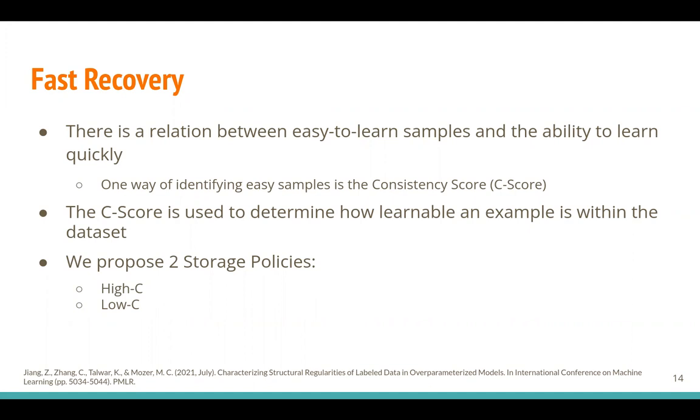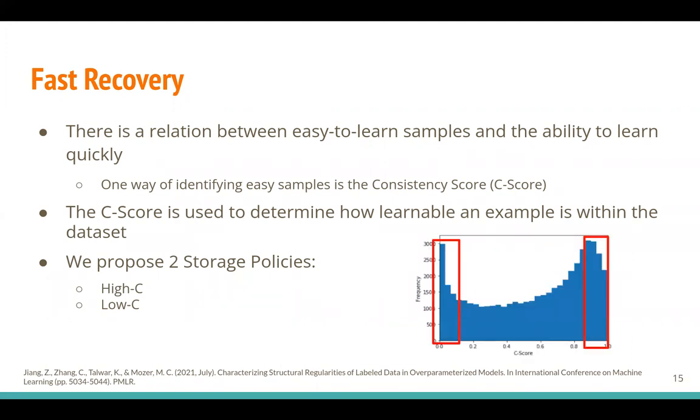So with this idea in mind, we propose two storage policies. The first one is high consistency. This is the distribution of the C-score in a dataset. By selecting the high consistency elements, the easy-to-learn elements, with a memory size of 100, we focus only on the top 100 elements.